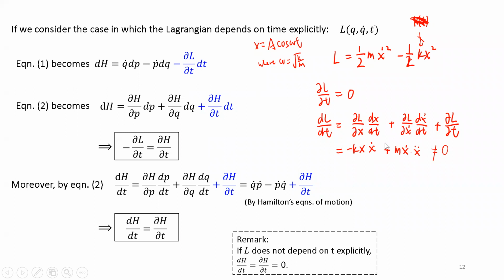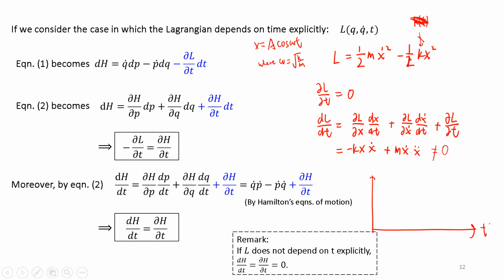This is easy to understand, even if you don't do the partial derivatives, because if you think about the energy, the Lagrangian of the harmonic oscillator at different times would of course be different.